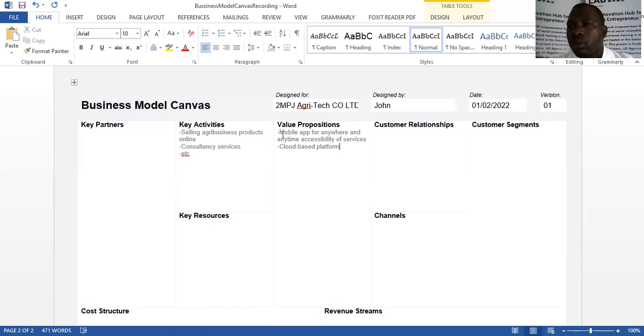But also, because it is an agritech company, it will minimize the cost, or we can call it cost efficient.